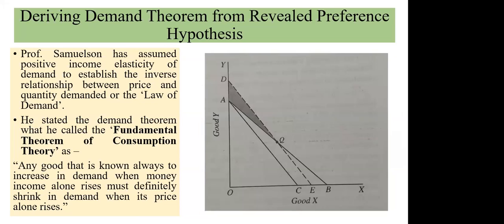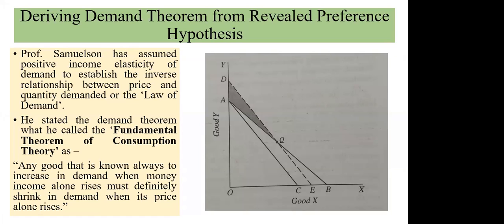And he has given that theorem as: any good that is known always to increase in demand when money income alone rises. So what does it mean? Any good that is known always to increase in demand when money income alone rises. It means positive income elasticity. Whenever a person's income alone increases, the demand for this commodity will also increase.